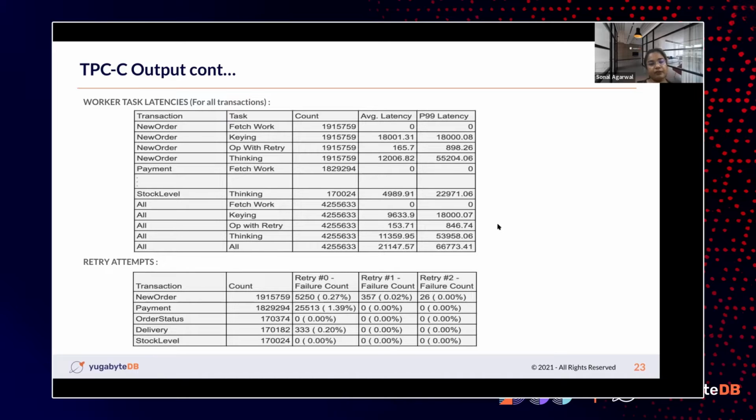Here we see that we had around 5,200 failures of new order transactions, but when we retried, we had 357 failures of new order transactions, and in the second retry the count dropped to 26. Similarly, we have retries for payment and delivery transactions as well. And as we see here, after retries, these transactions succeeded.